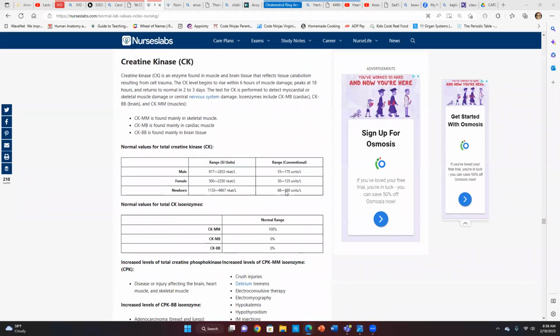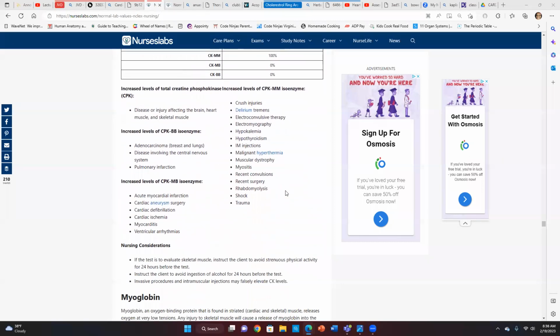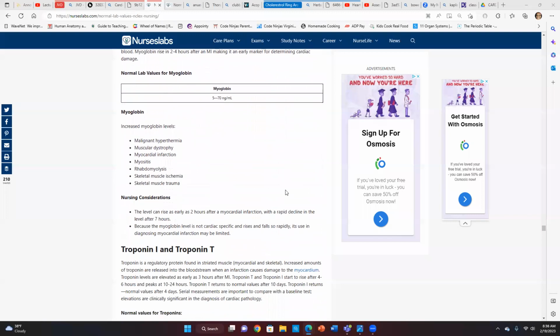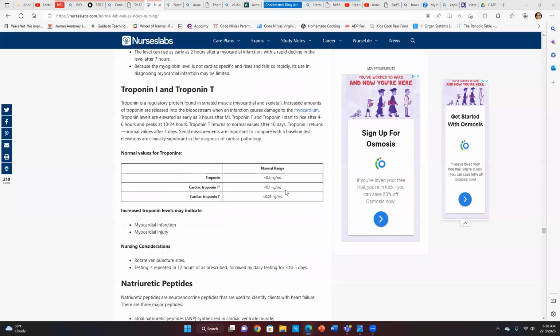All right. Creatine kinase is good, myoglobin is good, but I want to put my time into talking about troponin. Okay, so troponin is a protein that is found in your muscles. Increased amounts of troponin are going to be released into the bloodstream if there is damage to the myocardium.